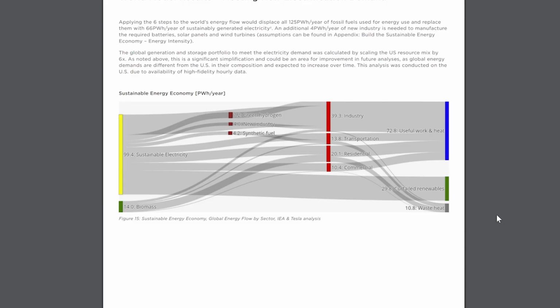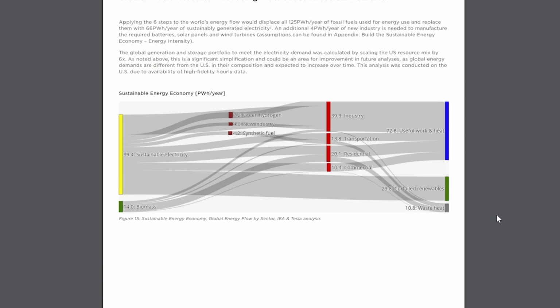So they also modeled out what the result would be if we made this switch. What would that look like versus what we have now, that we saw in the first flow chart there. So this is assuming we've made those changes. We have 99.4% sustainable electricity being generated. They're showing some biomass generation as well, and then the uses in the middle.